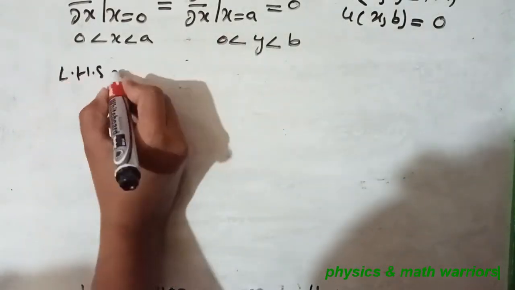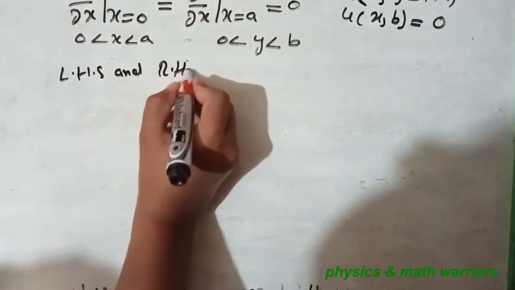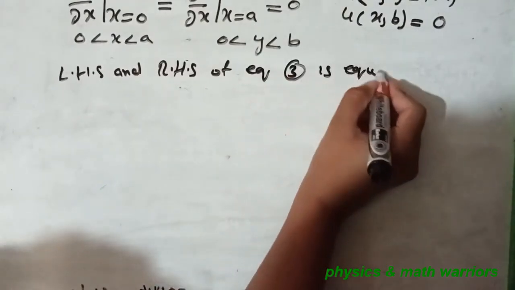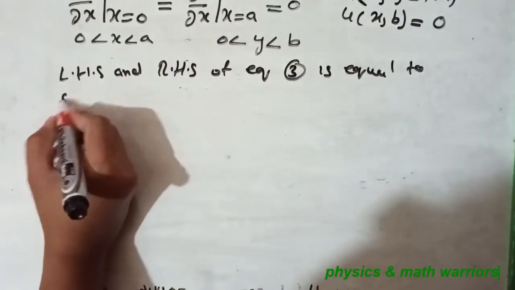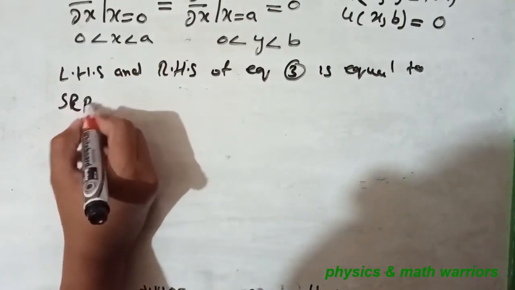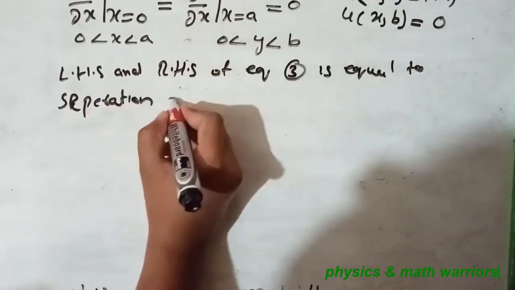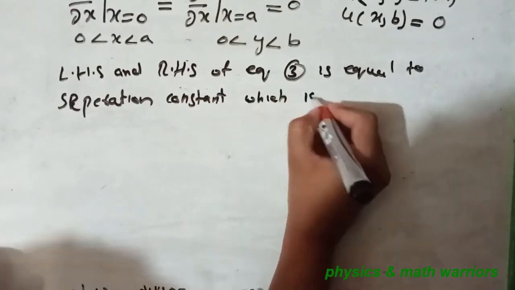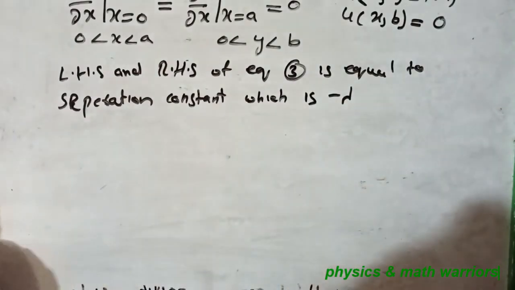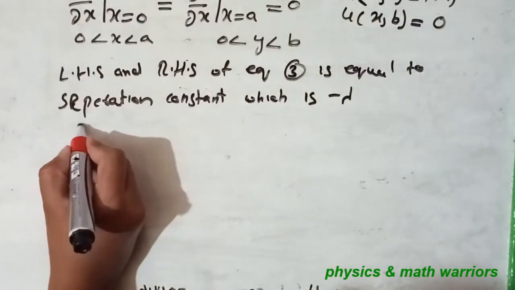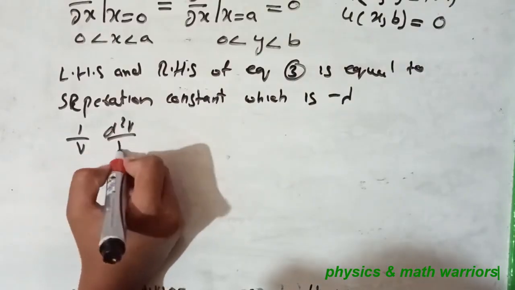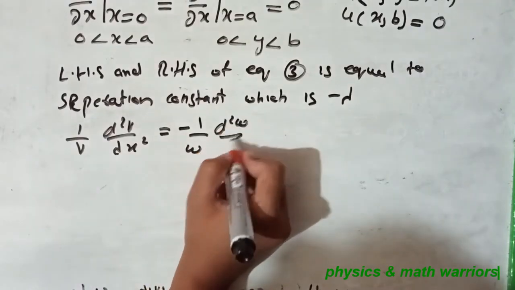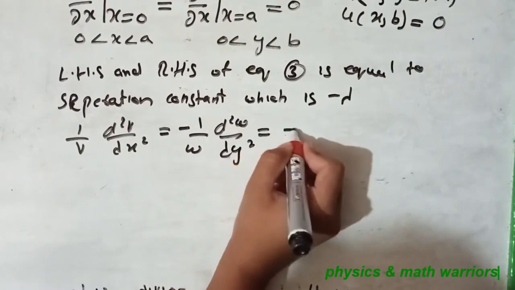Left hand side and right hand side of equation 3 is equal to separation constants, which is minus lambda. So equation 3 become 1 over v d square v over dx square is equal to minus 1 over omega d square omega over dy square is equal to minus lambda.